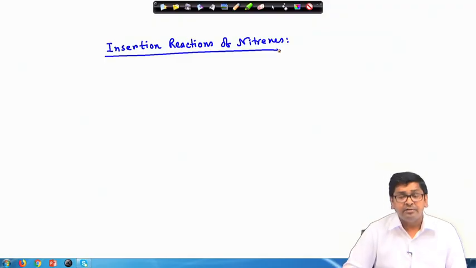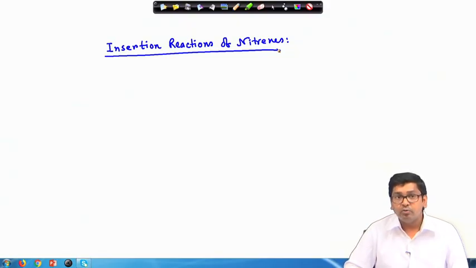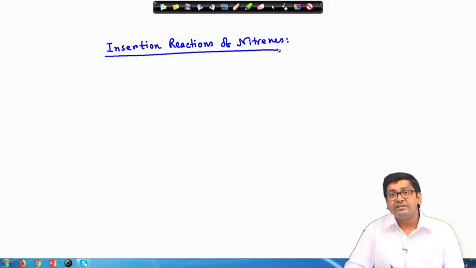As we already know, nitrenes are similar to carbenes. They are also electron deficient species and they also want to fill up their octets. That is why these insertion reactions are very common with nitrenes. And why are these insertion reactions important?